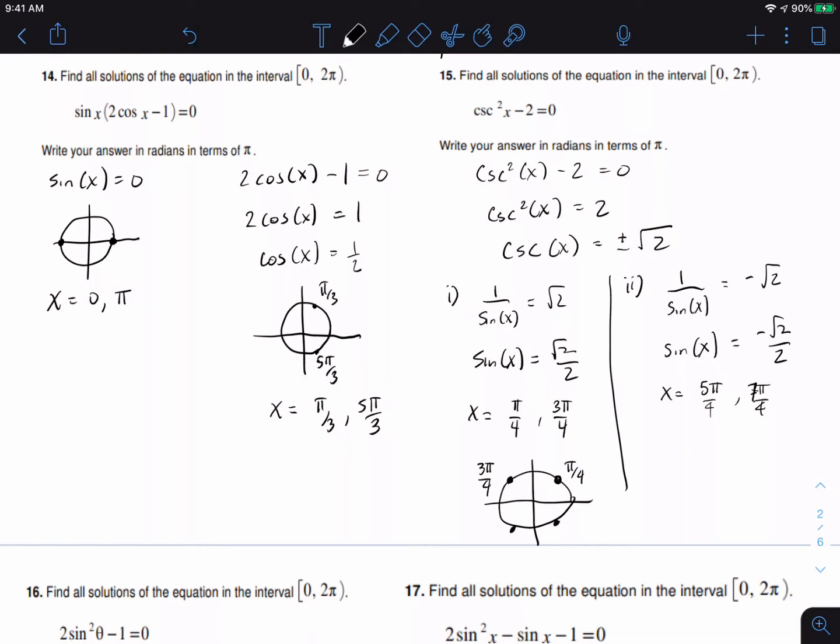And then it's negative down here, and that's where I get my 5 pi over 4 and 7 pi over 4. We okay with that? The trick to this problem, though, is to make sure that you get rid of the square, and then remembering that when you get rid of a square, you have the plus or minus case, so you have to deal with both cases. Are we okay with that?